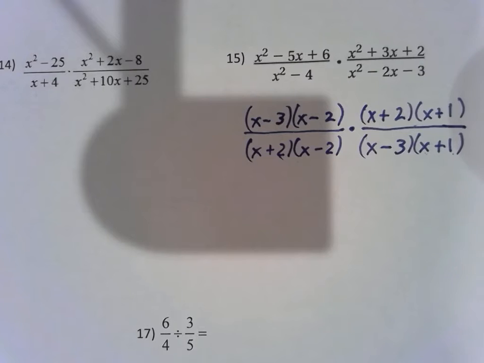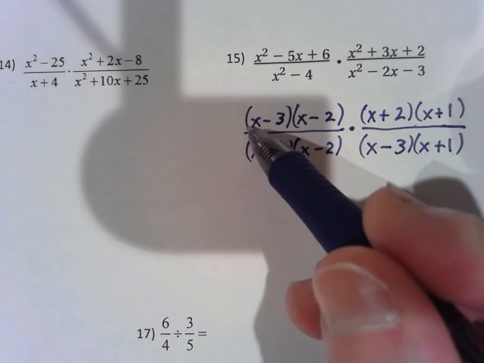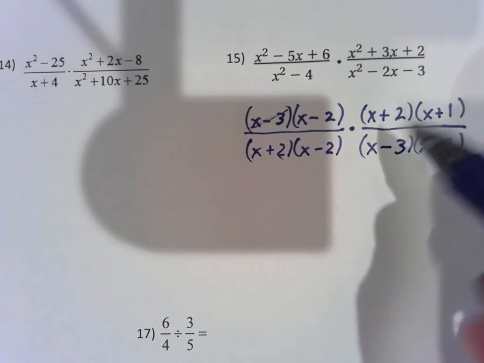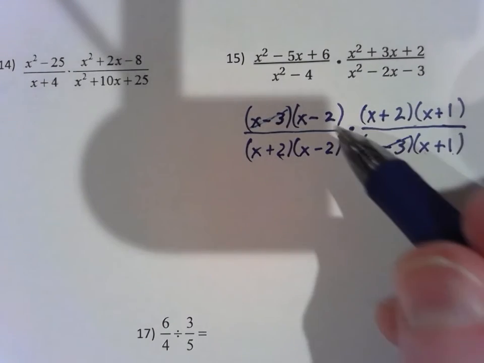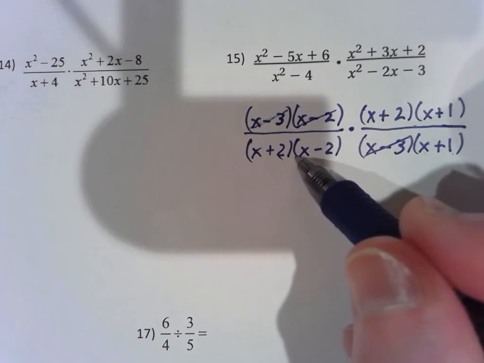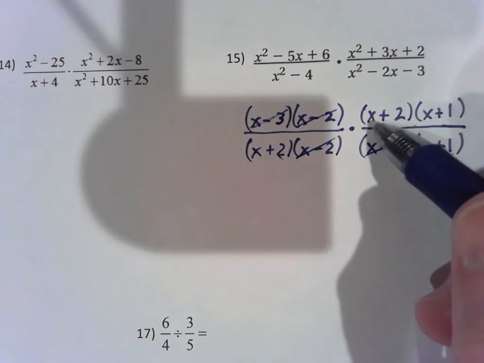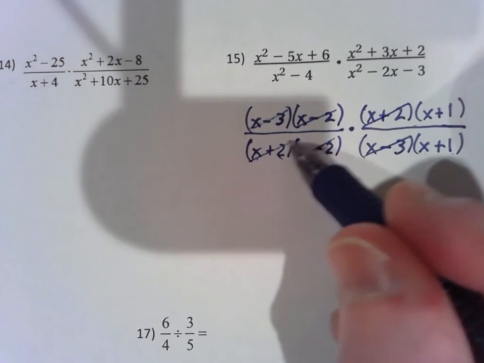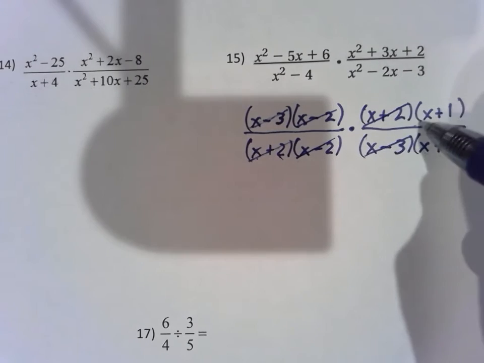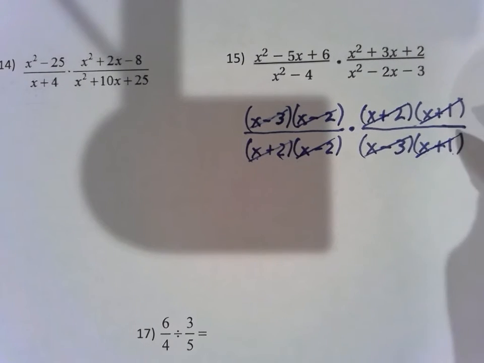Once you've got everything factored, look for common factors on top and bottom. X minus 3 on top, x minus 3 on bottom, x minus 2 on top, x minus 2 on bottom, x plus 2 on top, x plus 2 on bottom, x plus 1 on top, x plus 1 on bottom.